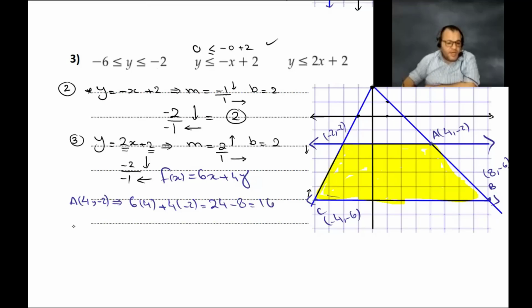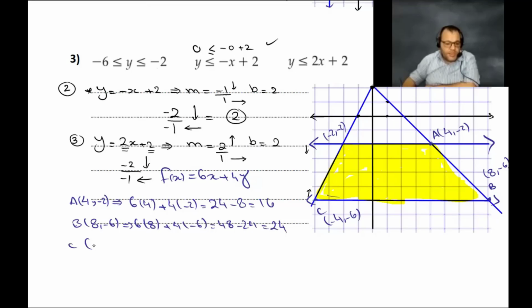The second point B, which is 8 and negative 6, so it will be 6 times 8 plus 4 times negative 6, which equals 48 minus 24, which equals 24.